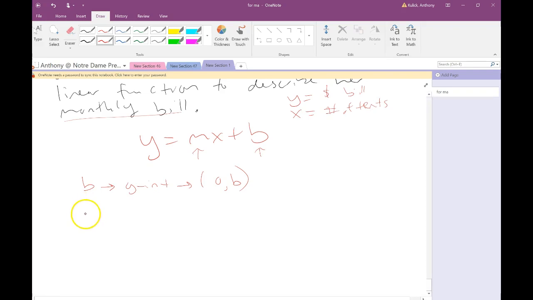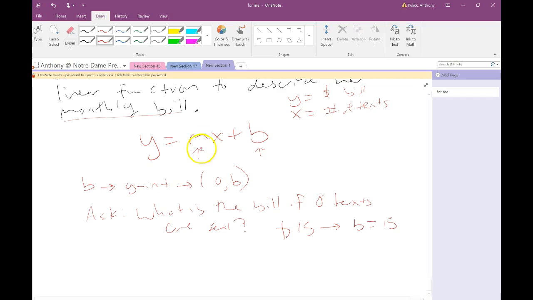So to figure this out, we ask ourselves, what is the bill if 0 texts are sent? And the answer to that should be $15. Therefore, my b value is 15. Everybody's okay with that idea?